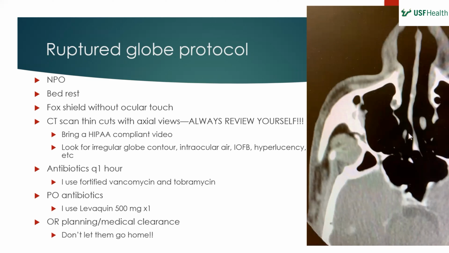And I use PO Levaquin ×1. I know some patients are admitted for ruptured globes and they stay in the hospital for days. I discharge them same day, but they get Levaquin ×1, and I also inject intravitreal or intracameral antibiotics, depending on the clinical situation.